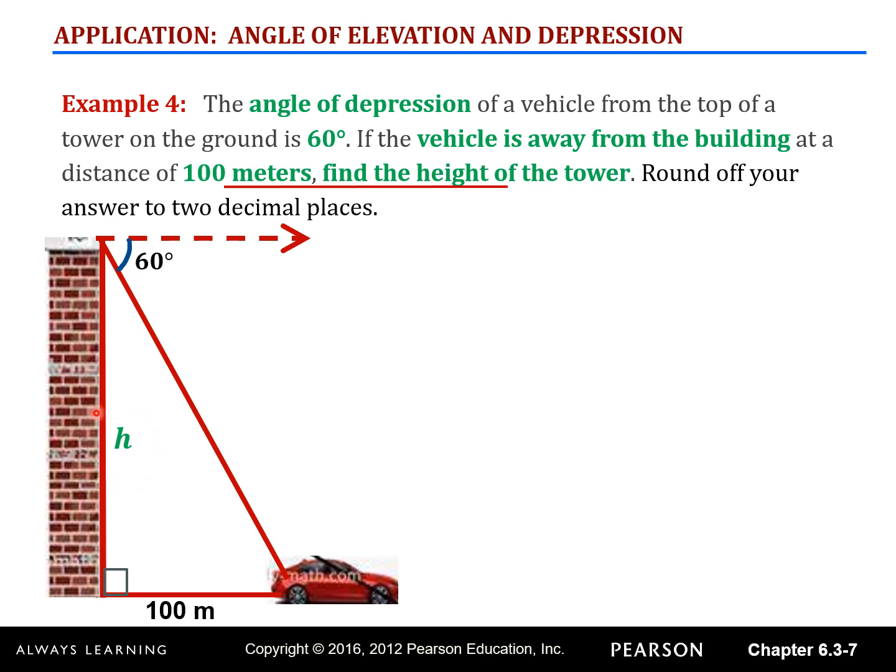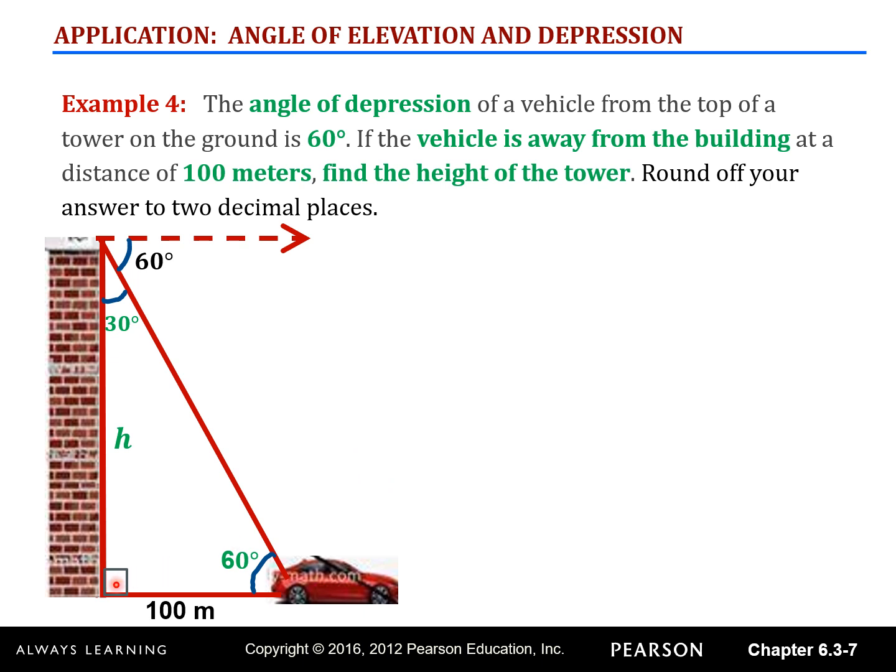To find h, we form here a right triangle. And since the angle of depression is 60 degrees, we have to find what the angle here is. The angle here is 30 degrees because the sum of these two is equal to 90 degrees. And if this is 30 degrees and this is 90, then this angle here is 60 degrees.